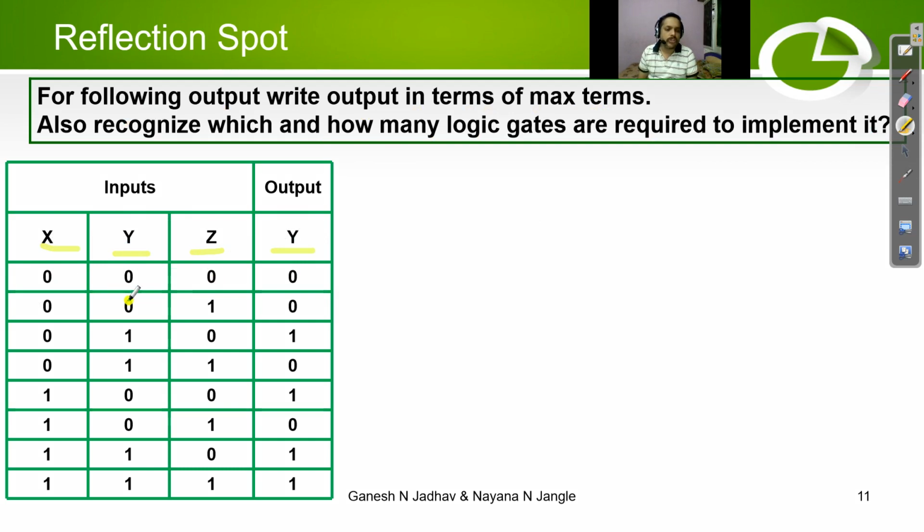So 0 0 0, 0 0 1, 0 1 0, likewise the combinations are given. There are three inputs, meaning 2 raised to 3, that is a total of 8 combinations. So the input has 8 combinations, and the corresponding output is given in the digital circuit. Pause the video for some duration and write down the max terms.